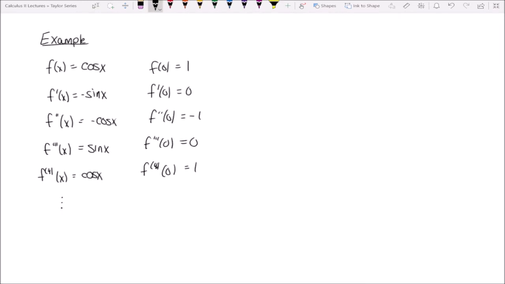And this goes on. Well, notice that every odd derivative is 0.